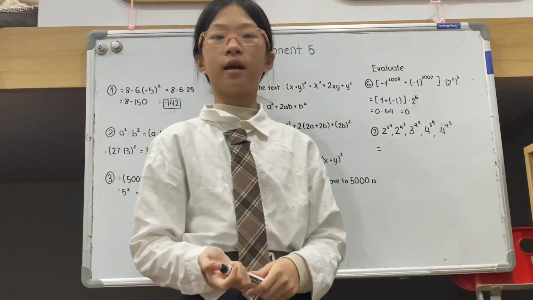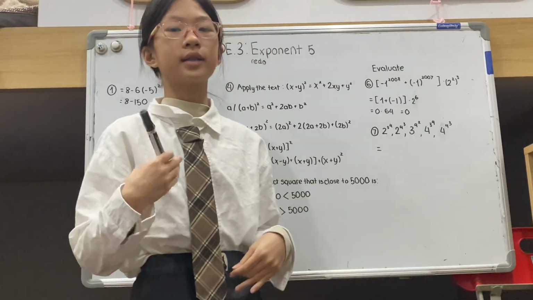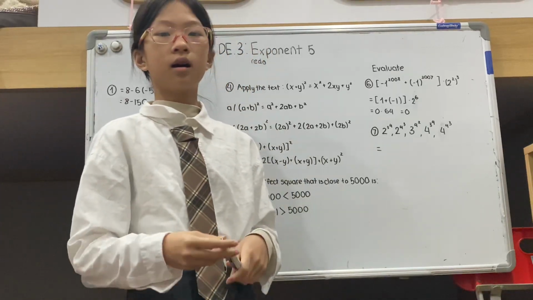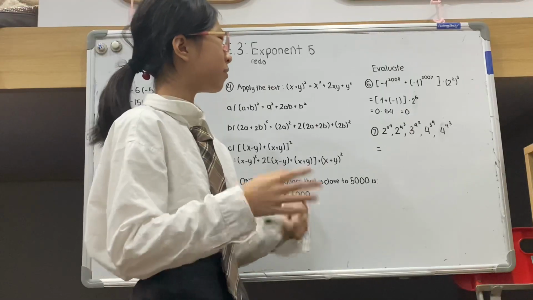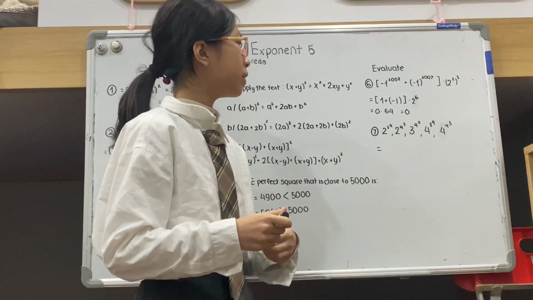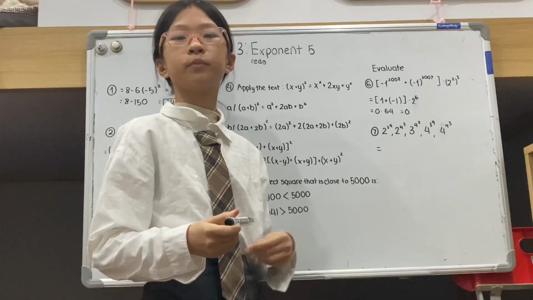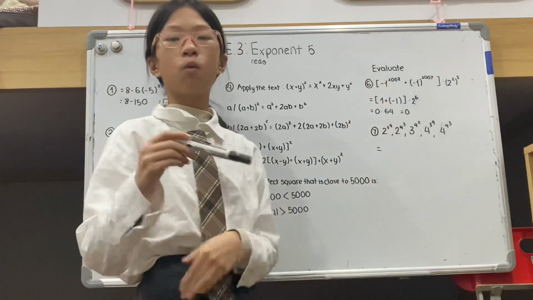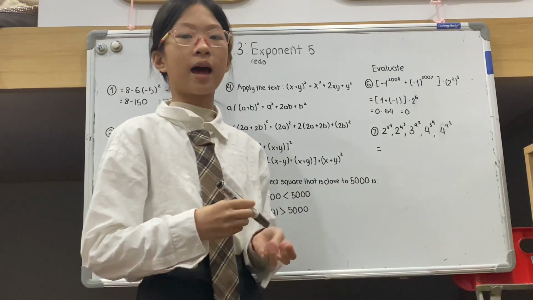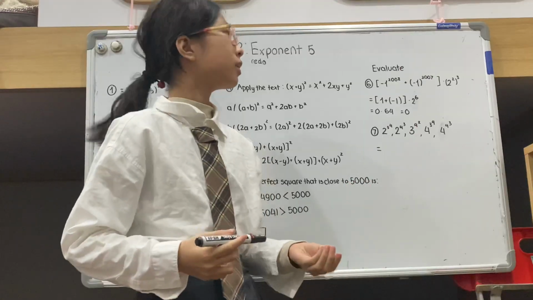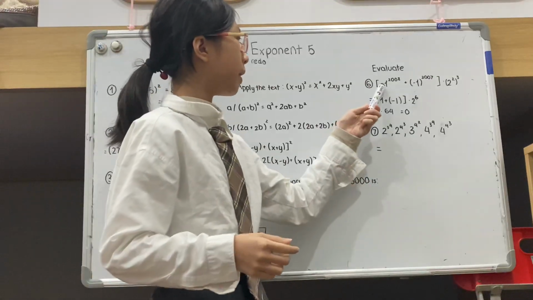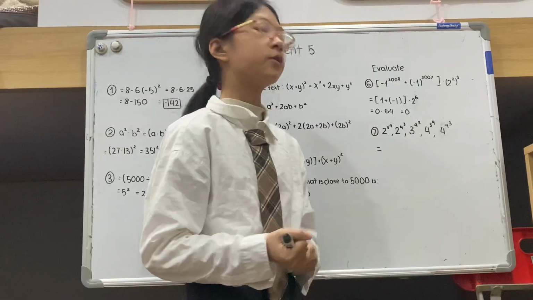Here we have evaluate. What does evaluate mean? Evaluate means that we make this problem more clear. It doesn't have too many numbers. For example, I have minus 1 to the power of 2008.